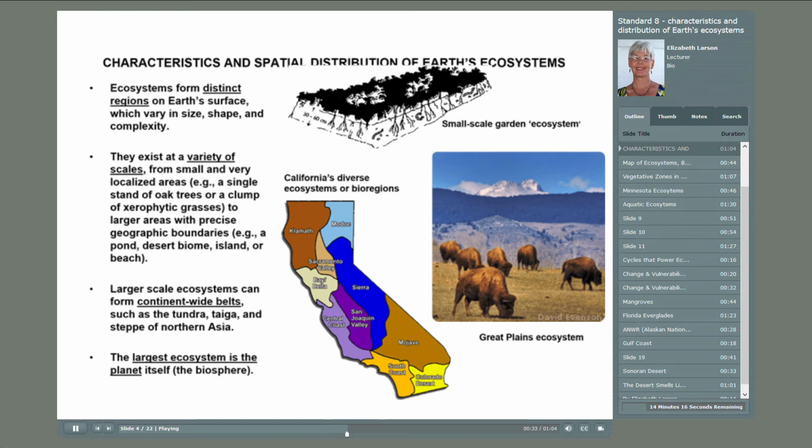On a larger scale, they can also be precise geographic boundaries, like a pond ecosystem, a desert biome or ecosystem, an island, or a beach. Larger scale ecosystems can form continent-wide belts, such as the tundra, the taiga, and the steppe of northern Asia. The largest ecosystem is the planet itself, the biosphere.